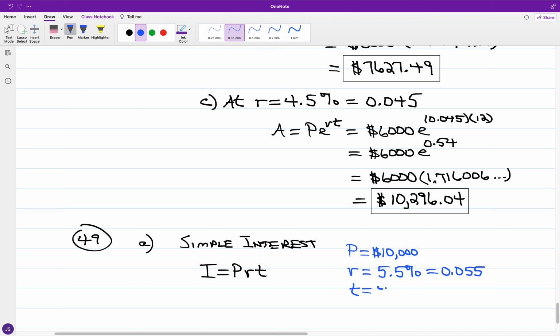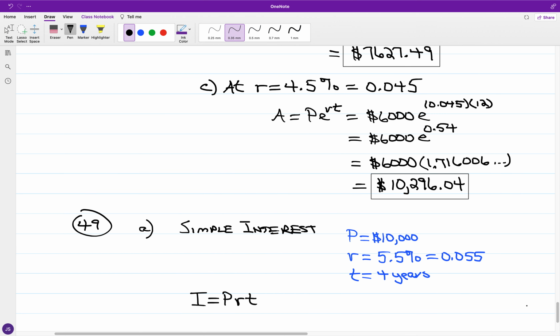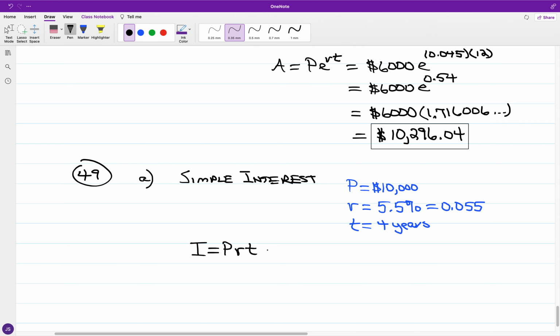And for the time span, we're looking at a 4-year plan. So for the amount of interest, you have the principal of $10,000, the rate R as a non-percent decimal value, 0.055, and again a 4-year plan.